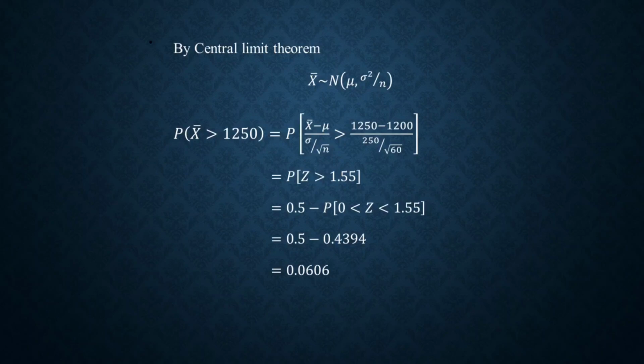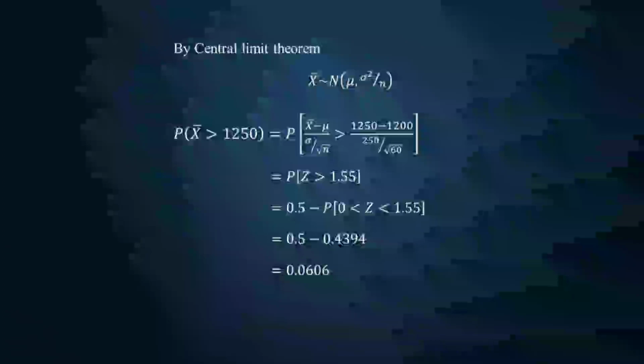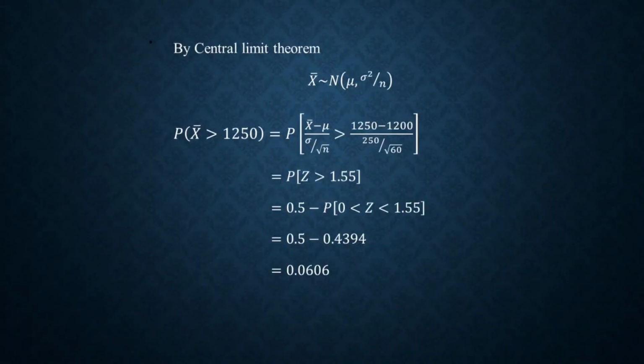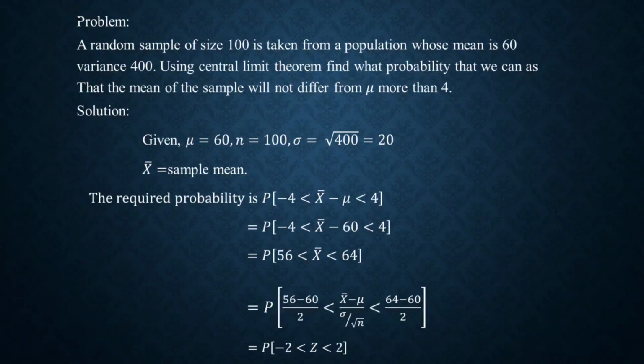Now the value (x bar minus mu) by (sigma by root n) can be replaced by Z. So we have P of Z greater than 1.55, which is rewritten as 0.5 minus P of 0 less than Z less than 1.55. From the normal distribution table, we get the value of P of 0 less than Z less than 1.55 as 0.4394. So we have P of x bar greater than 1250 value is 0.0606.